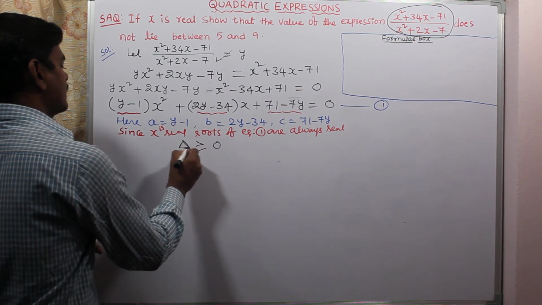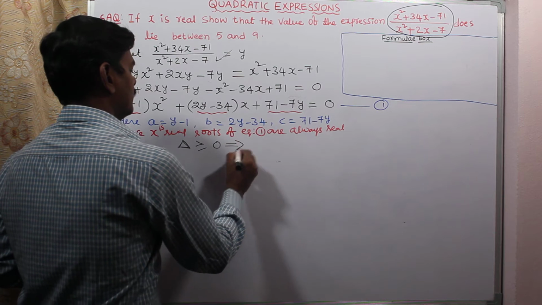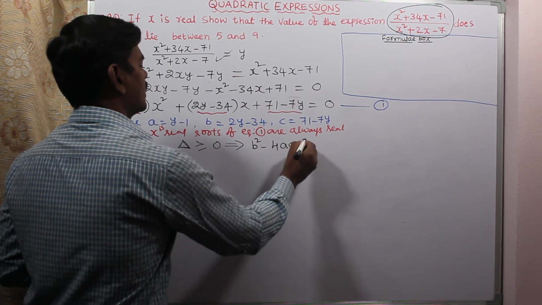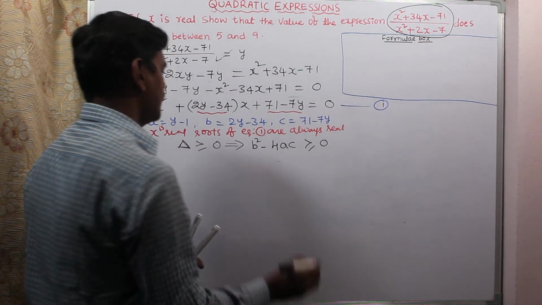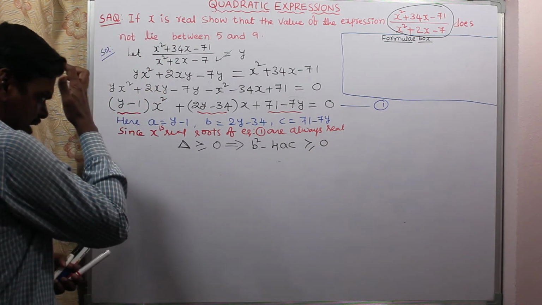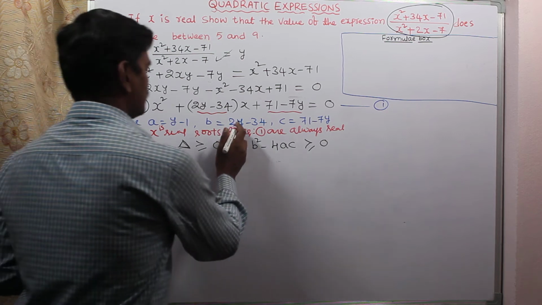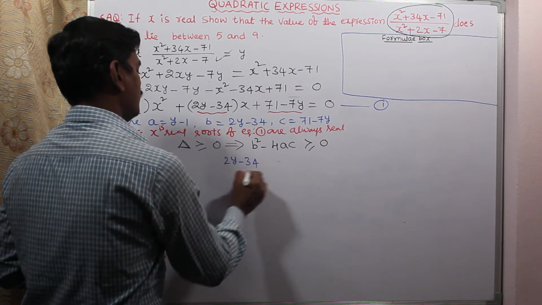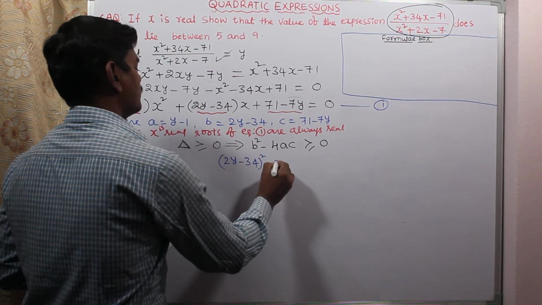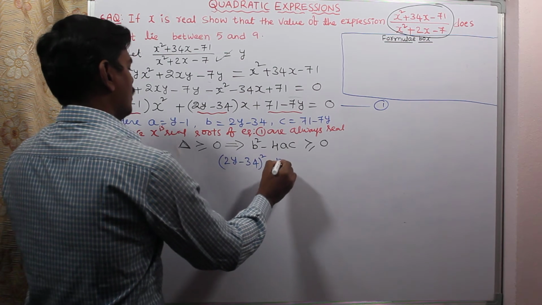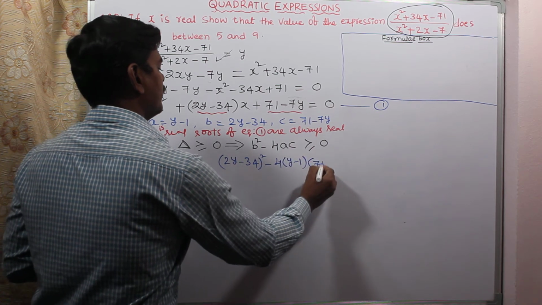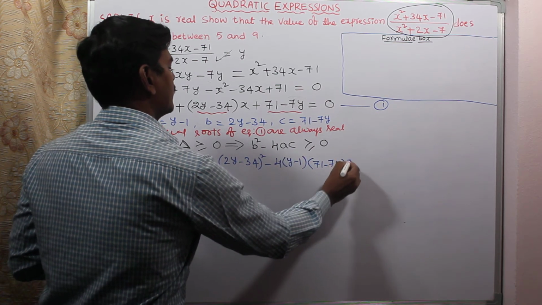What is delta? The discriminant. The discriminant is b square minus 4ac greater than or equal to 0. Now substitute the values of a, b, c. What is b here? b is (2y minus 34) whole square, minus 4 into a, (y minus 1), into c, (71 minus 7y), greater than or equal to 0.